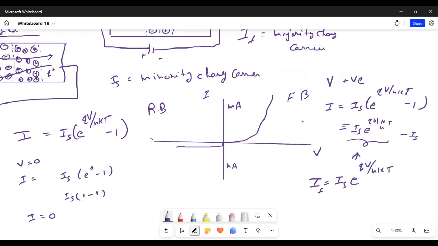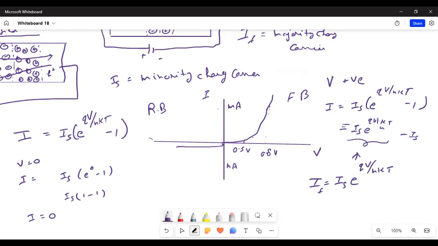So what happens when we increase the potential? At first it is slow. For the silicon case, after around 0.5 volt it starts to increase, and when it is around 0.8 it has increased substantially.